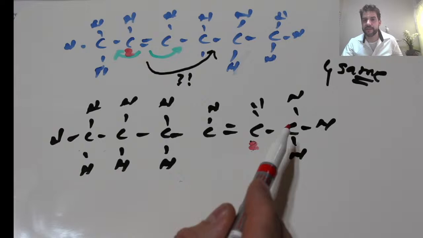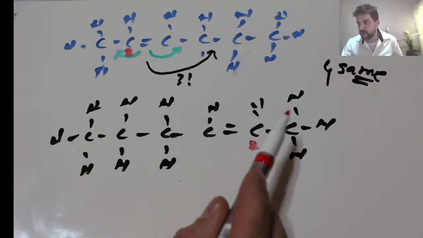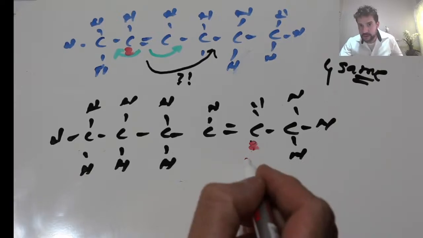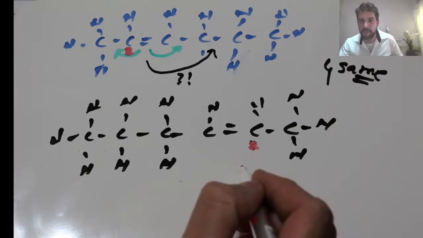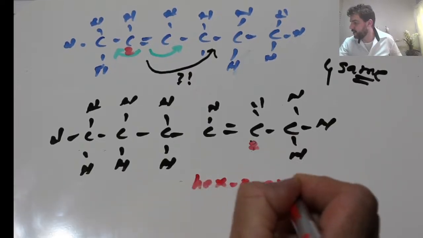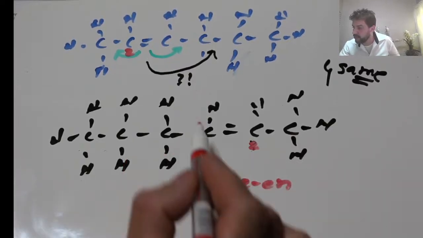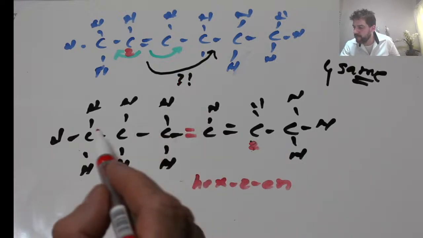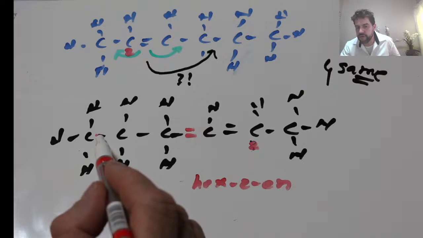You start counting from the side nearest to the functional group. So if that happens, then this becomes carbon number 2. So this one will also be the same compound. It will be hex-2-ene. That is what I'm saying. It must be this carbon here, or it must be the first carbon. Those are the 2 options.